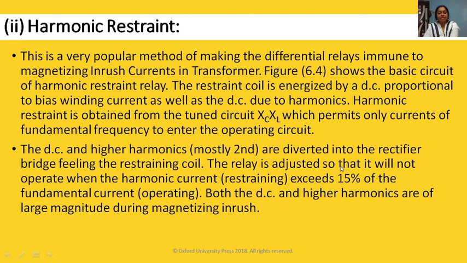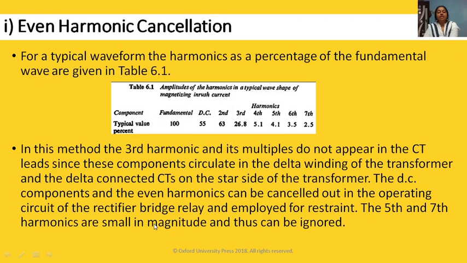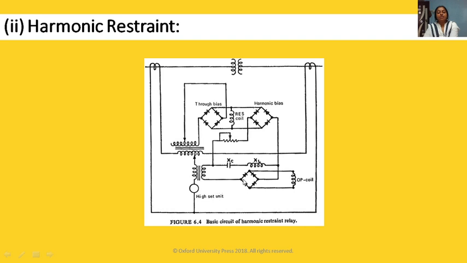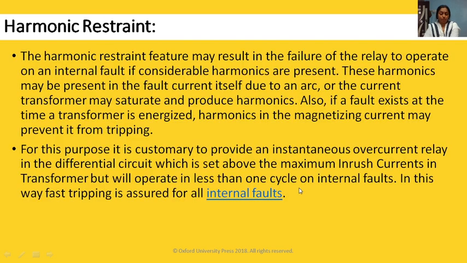The relay is adjusted so that it will not operate when the harmonic current exceeds 15% of the fundamental operating current. Both DC and higher harmonics are of larger magnitude during magnetizing inrush. When magnetizing inrush current is there, the DC as well as harmonics are higher. So the restraining coil will have more magnitude, the restraining torque will be greater than the operating torque, and the relay will not operate.